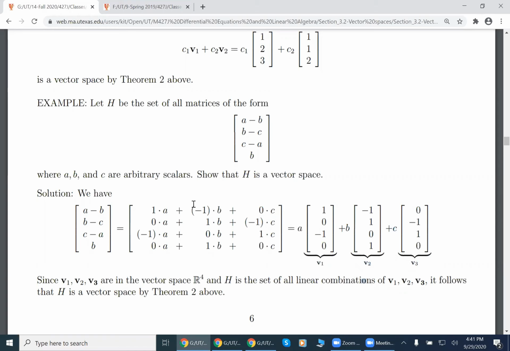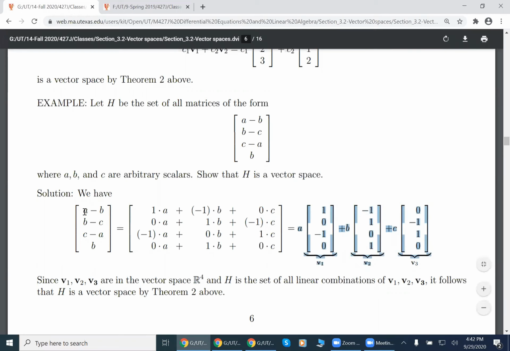Note that since A, B, and C are arbitrary scalars, this is the set of all linear combinations of V1, V2, V3, which are from the vector space R4. By Theorem 2, this is a vector space, therefore this is a vector space again.